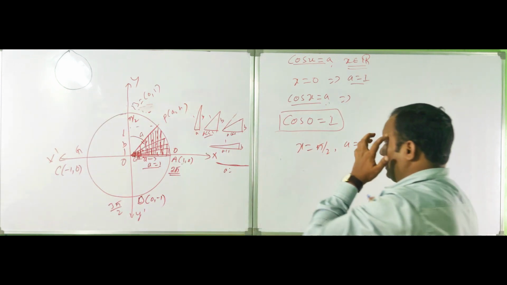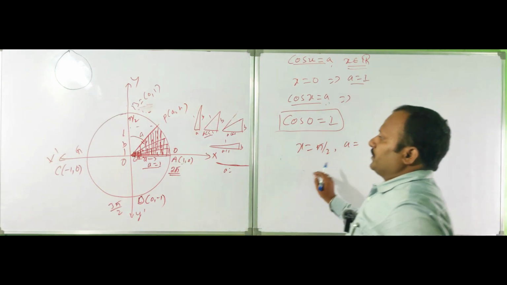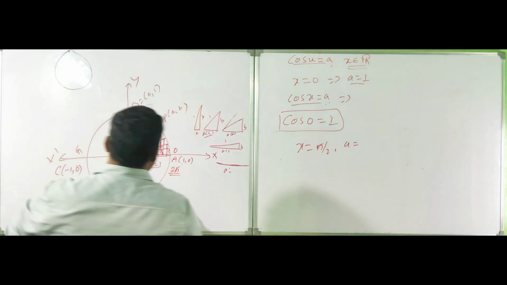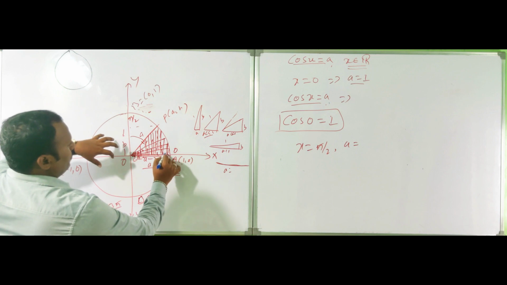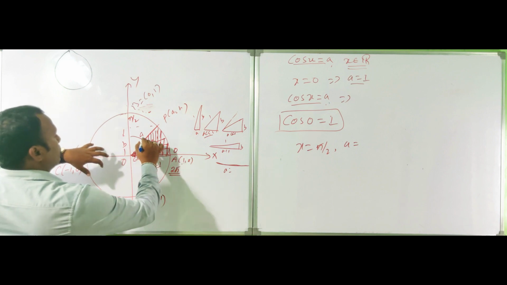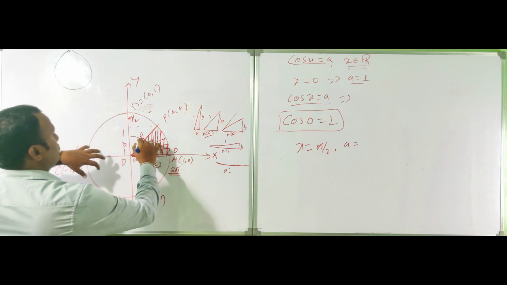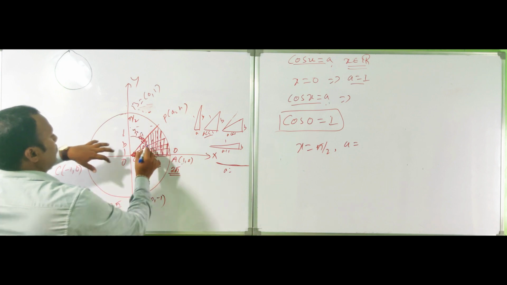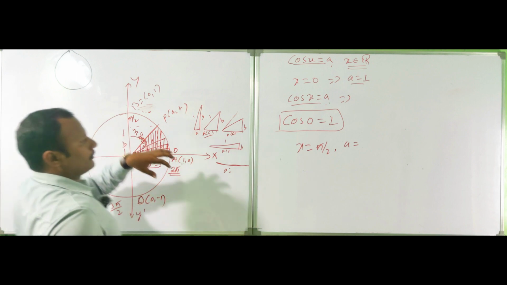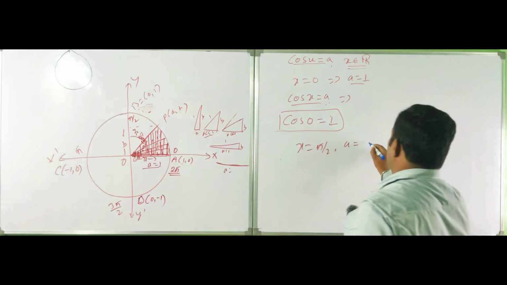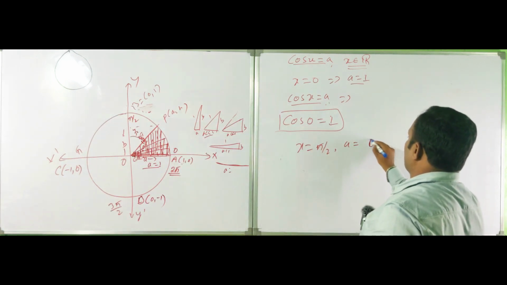That's why for pi by 2, this A becomes C. For pi by 2, this is 0. The angle is increasing: this is 0, this is 10, this is 20, this is 30, this is 40. And then A is decreasing, B is increasing. Therefore, A becomes 1 here, 0 here.